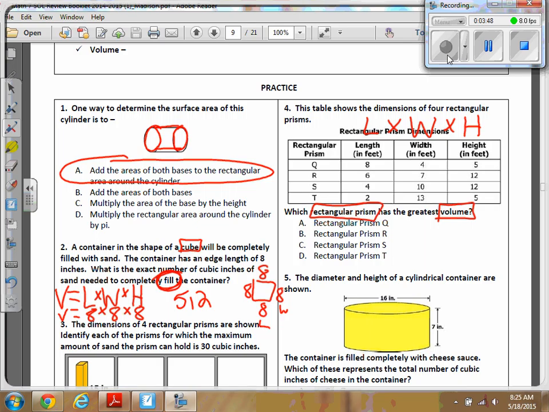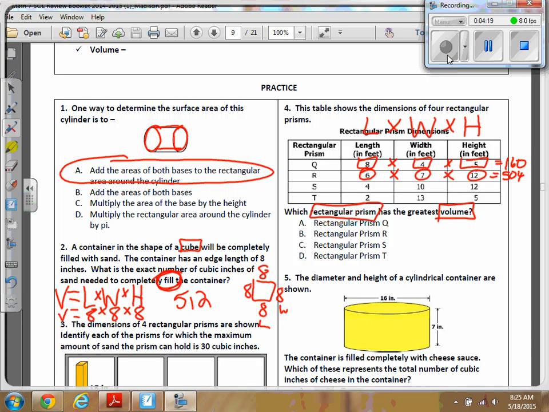So we're going to start with rectangular prism Q, and I'm going to do 8 times 4 times 5, because I'm multiplying the length times the width times the height, and that gives me 160. Now I'm going to look at R. I've got 6 times 7 times 12, and that gave me 504.